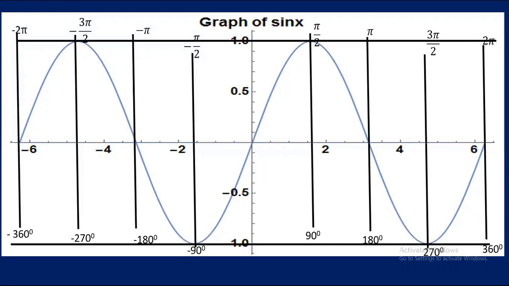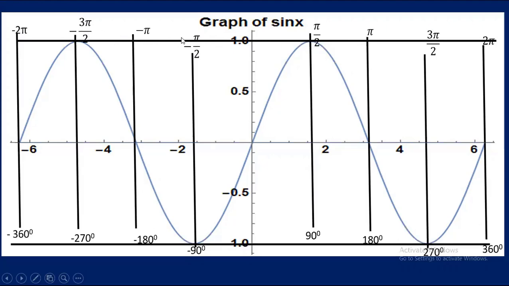So if we consider period, what is period? Can you take a decision from this graph? You see, if we consider this peak to this peak, then what is the length of this? Minus 3 pi by 2 to pi by 2. So what is the actual length?